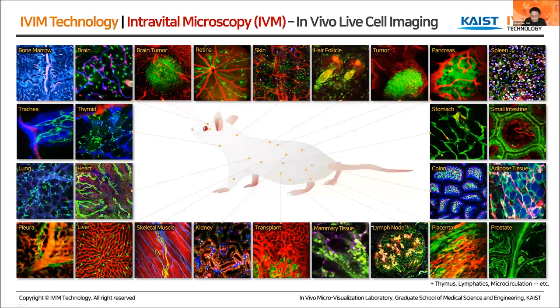And then adipose tissue, in the subcutaneous or internal visceral pad, prostate, and placenta in a pregnant mouse model, and then different lymph nodes, and then kidney, skeletal muscle, liver, of course, lung and heart, thyroid and trachea in the neck area.